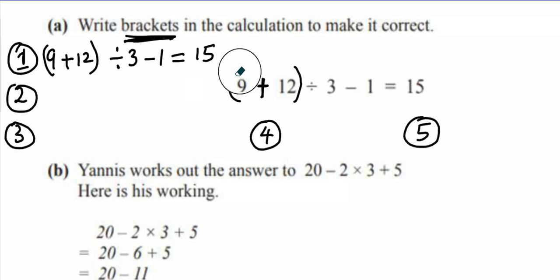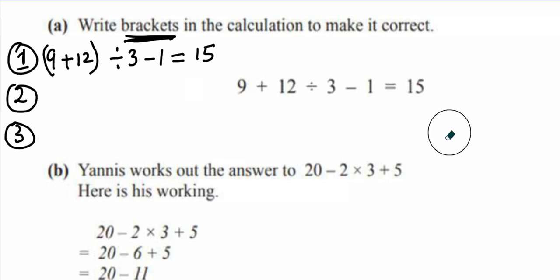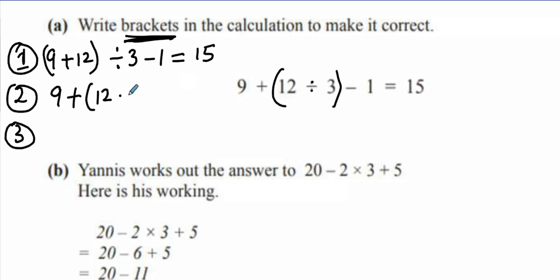Second possibility. The second possibility is when you put the division sign in brackets. That means 9 plus 12 divided by 3, then minus 1. See if you get 15.